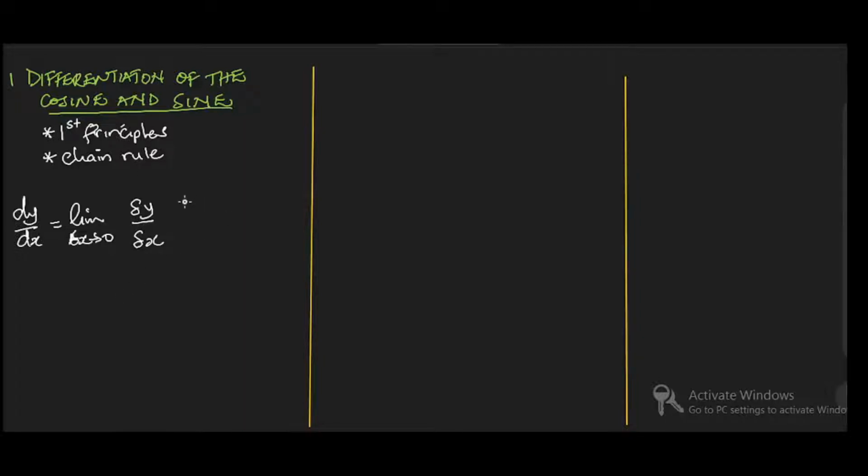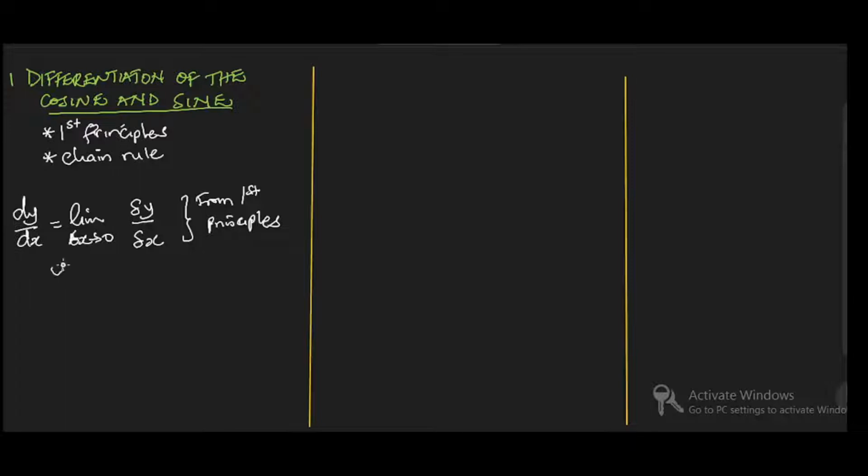This is what we know from first principles. So we are going to do a substitution here, and then we generate our derivative for the sine and then the cosine. Let's begin with the sine.